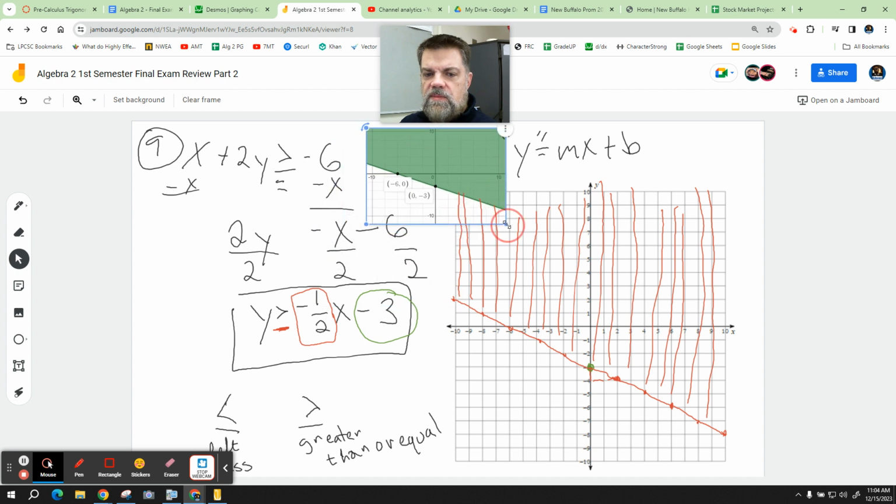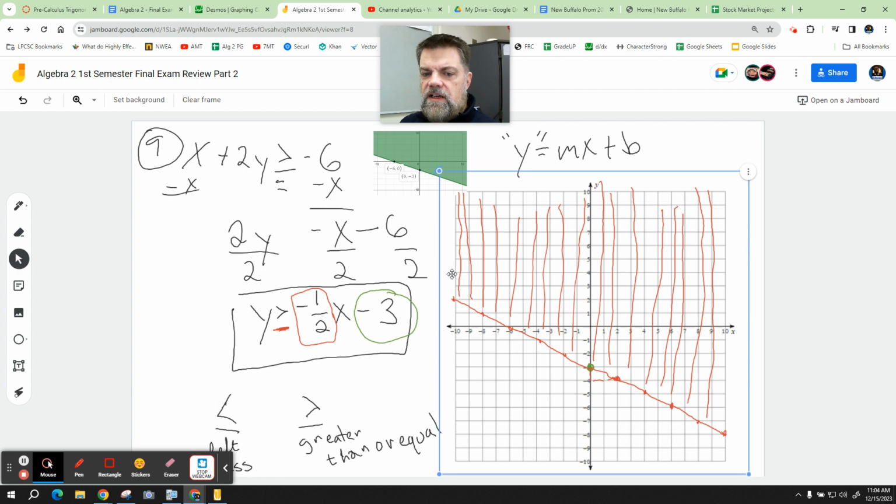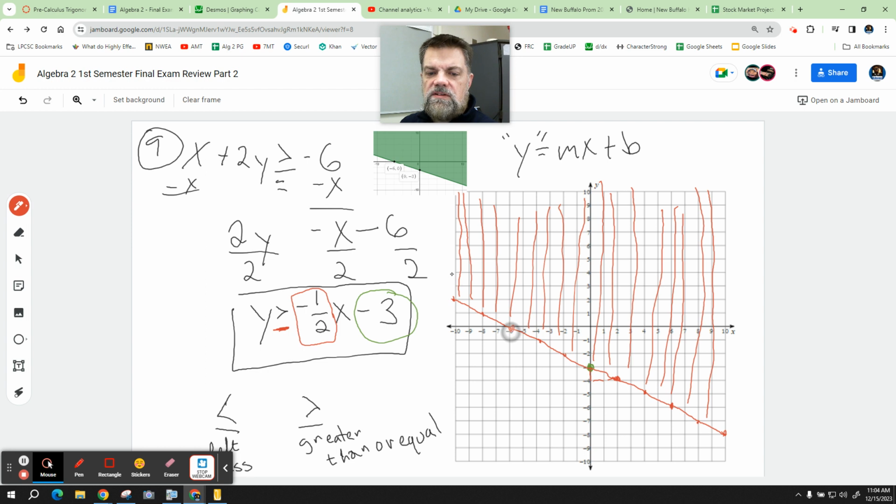So if I slide my graph way up here, I've got an x-intercept at negative 6 comma 0. Is that what I have on my graph? Yeah. Right here, this is negative 6 comma 0. And then right here, this point is 0 comma negative 3.